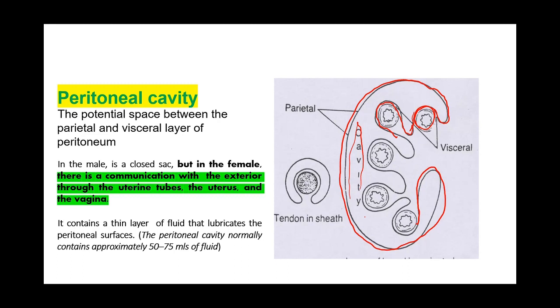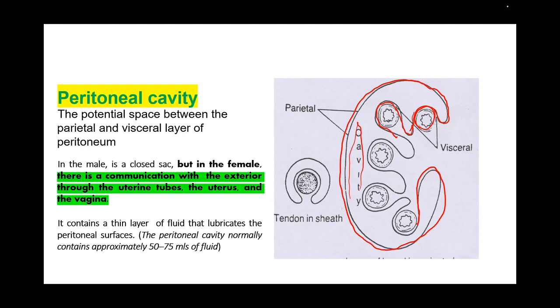You should know that in females, the peritoneal cavity communicates with the exterior, and this serves as a risk factor in patients that develop primary peritonitis. Primary peritonitis usually is seen in patients with either ascites or in young females.